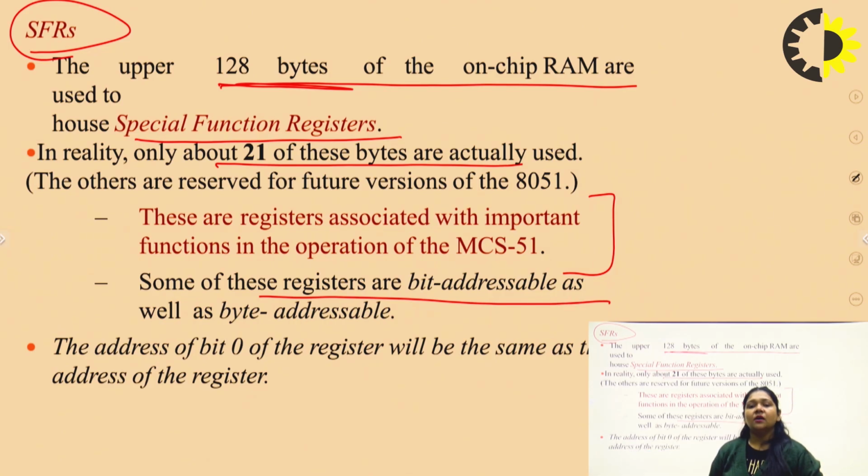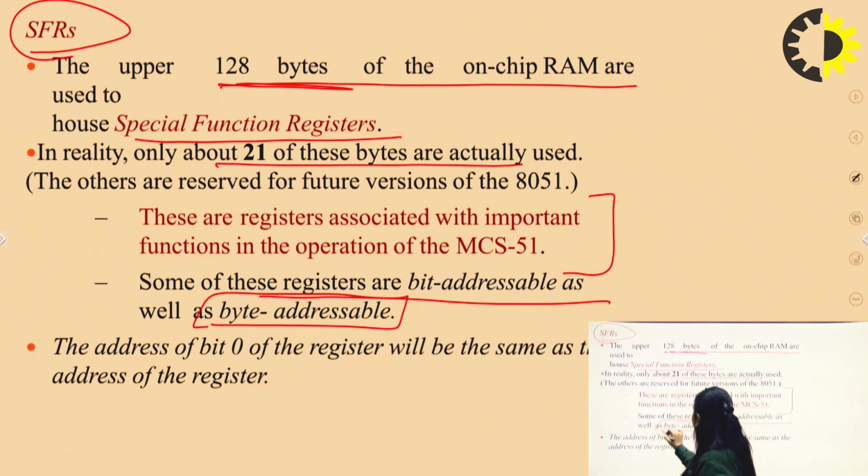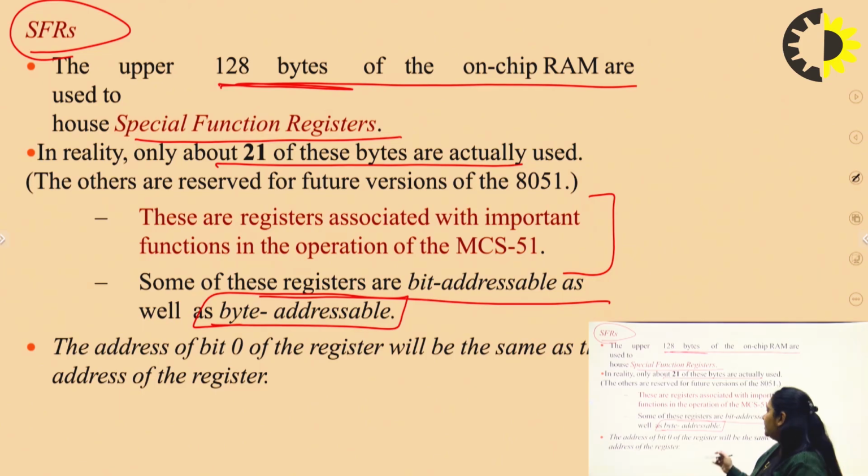Now when we talk about bit addressing and byte addressing, what actually happens when I have to apply some instruction or do something with one proper byte, that is 8 bits, it is known as byte addressing, because we have to deal with the full byte. And next is bit addressable, when we are dealing with only a single bit.